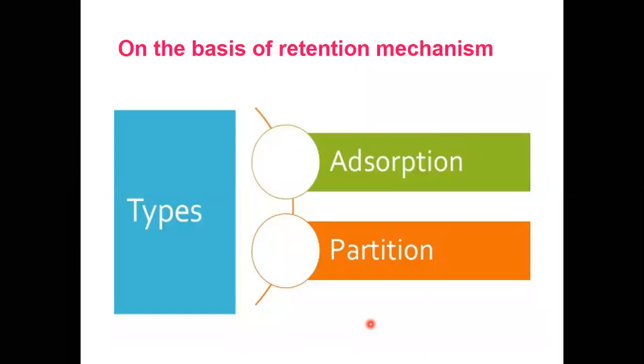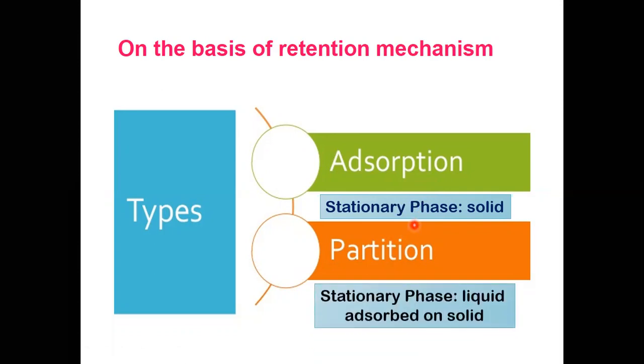On the basis of retention mechanism, thin layer chromatography can be adsorption thin layer chromatography when the stationary phase is solid, or partition thin layer chromatography when the stationary phase is a liquid adsorbed on solid.